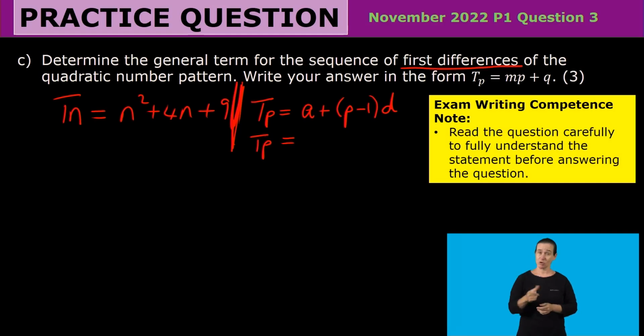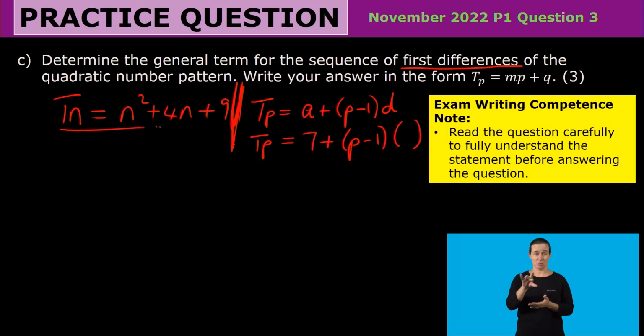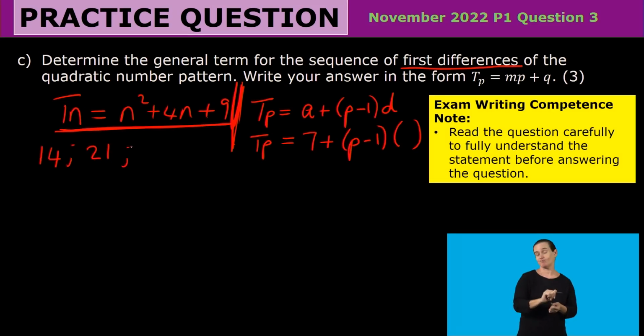Our first term of this sequence is 7. Remember, in the information we were given, we were told that the first term of the first differences is 7, so definitely we are going to use that. But what is the difference of this sequence? What are we going to substitute in the place of d? You have a choice of finding the first three terms, which will be 14, 21, 30.